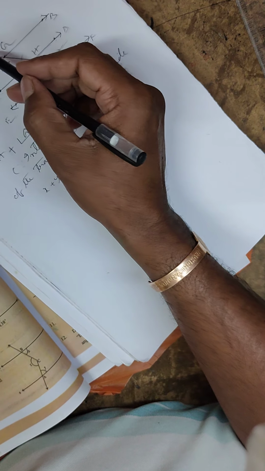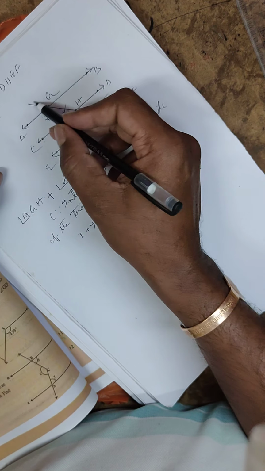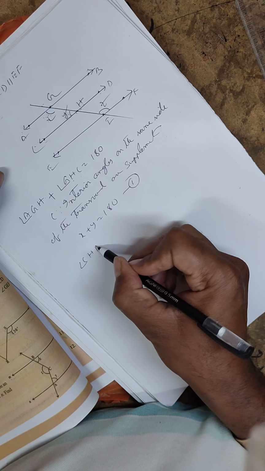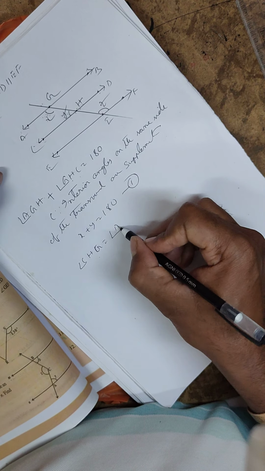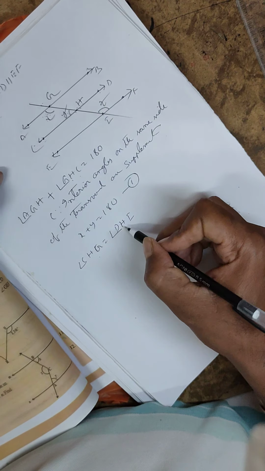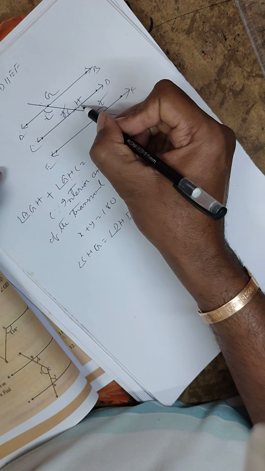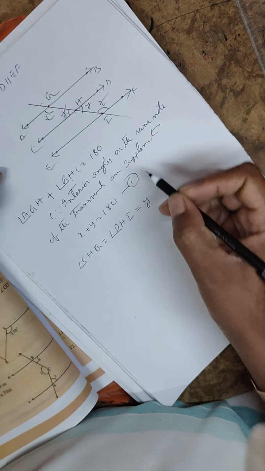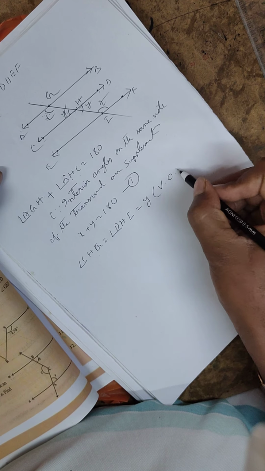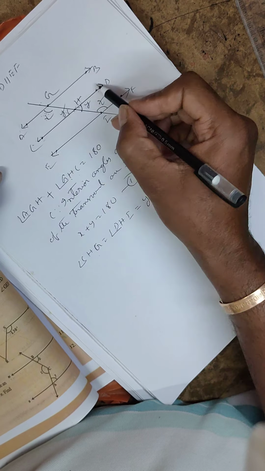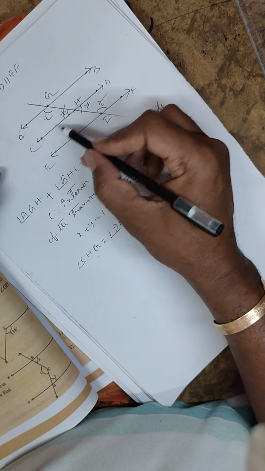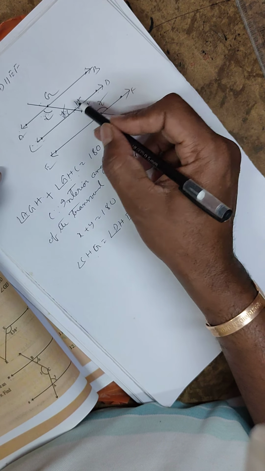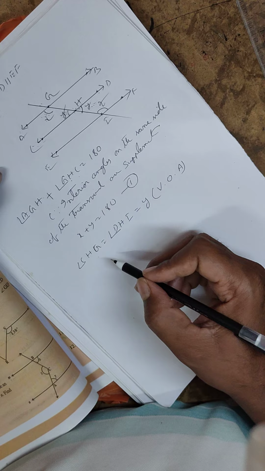Keep it like that. Now angle CHG is equal to angle DHI. Why are they equal? These two are called vertically opposite angles. See, it is one line, it is another line, y and y. So CHG is y means DHI also becomes y.